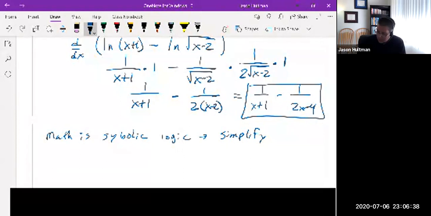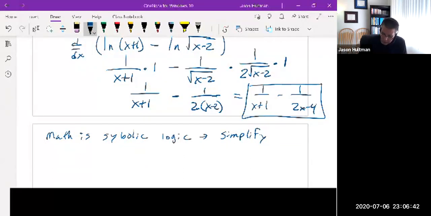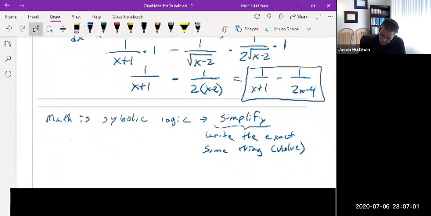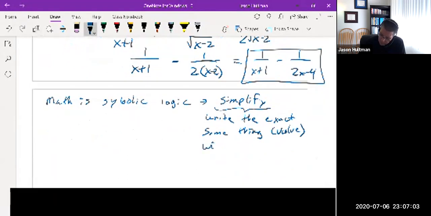As a mathematical term, what does it mean to simplify? It really comes down to this. It means write the exact same thing or value with less symbols.